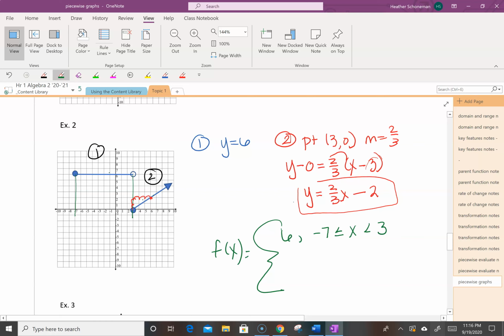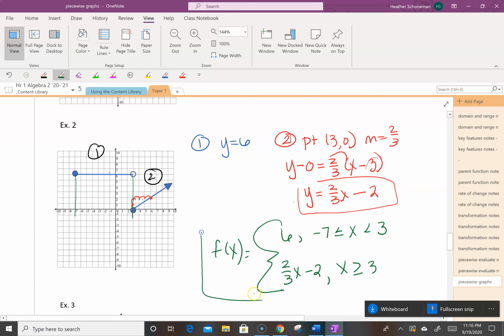Now I'm going to write my second equation, 2/3 x minus 2. And now the domain. Well, this domain is not in between 2 numbers. This starts at a number and keeps going. It gets bigger. So it starts at 3 and gets bigger. So it's all the numbers greater than 3. But it's a closed dot, so it's all the numbers greater than or equal to 3. And that is my answer.